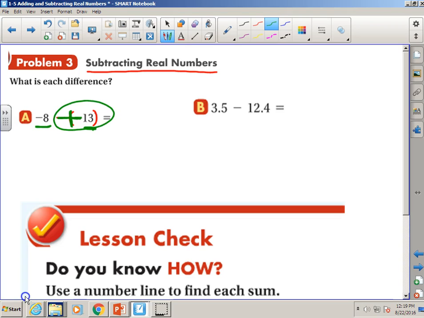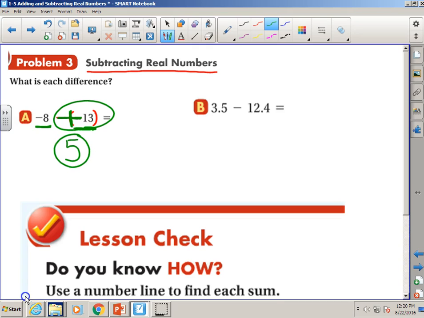So if we've got 8 from the negative gang and 13 from the positive gang, are we going to get together or are we going to fight? We are going to fight, right? So how many left over? If we fight, that means subtract. How many are left over? 5, because 13 minus 8, remember, you just think of the numbers, 13 minus 8, and you get 5. And what gang are they from? The positive gang. Okay, the positive gang.